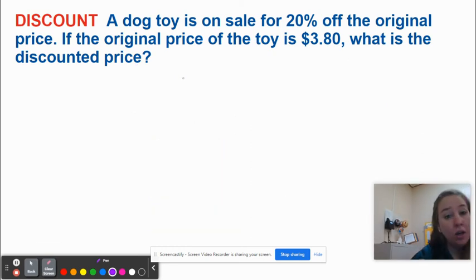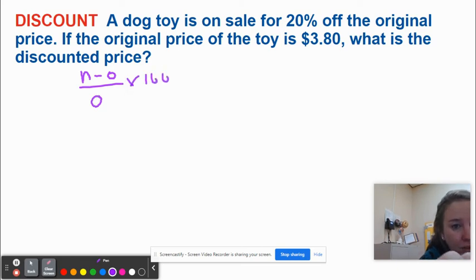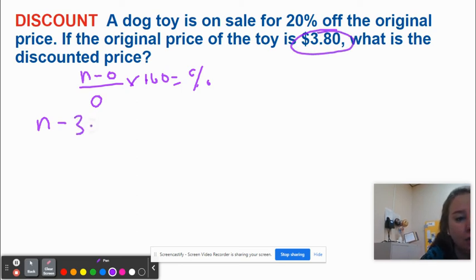Okay, so remember that percent of change formula is new minus original over the original times 100 equals the percent of change. Like I said, this way is a little more complex because you really have to think every little thing through. So the new price is what we're looking for, and we know the original price is $3.80.